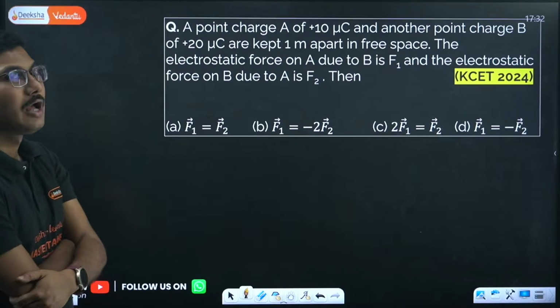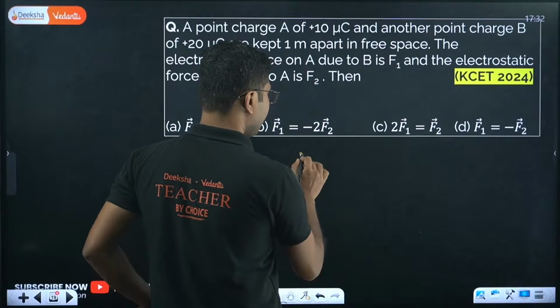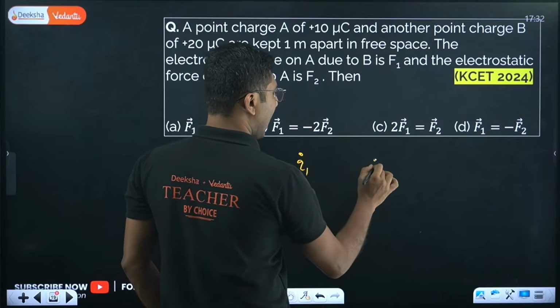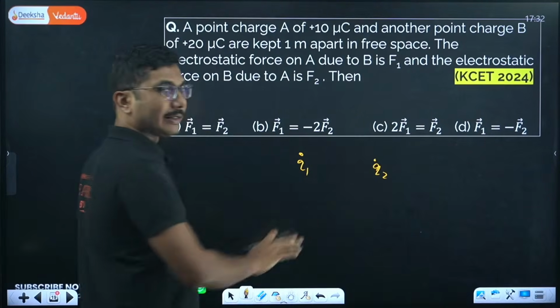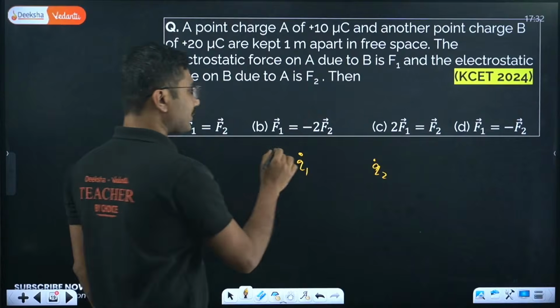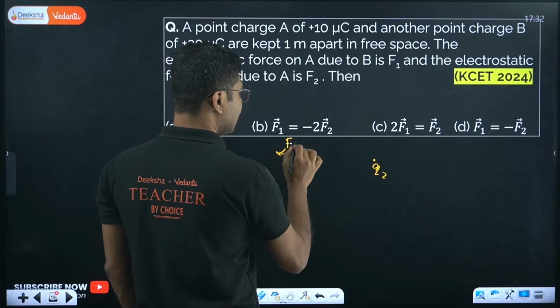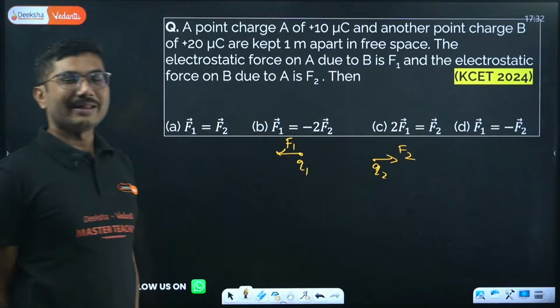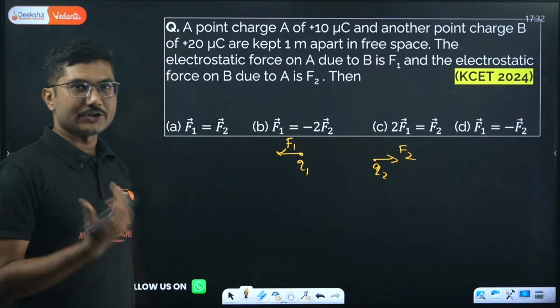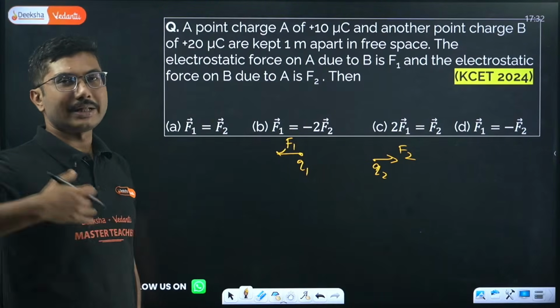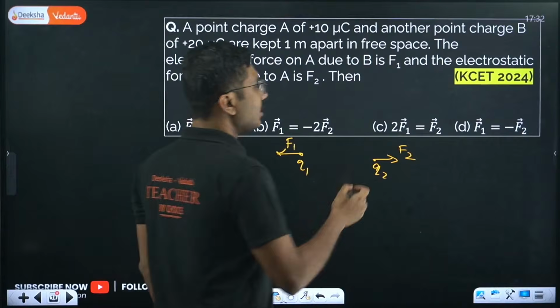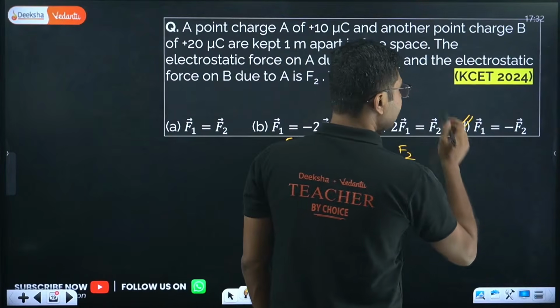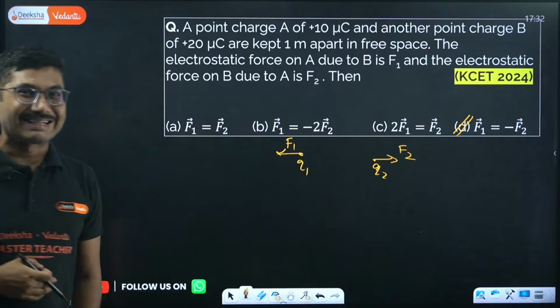We know that if two charges are fixed, Q1 and Q2, no matter what their magnitude is, whatever force is acting on this is F1, this is F2, they must be equal and they must be in opposite direction. So the correct answer is F1 equals minus F2.